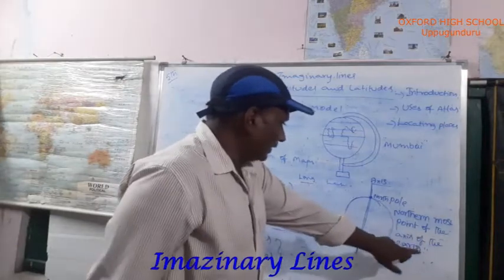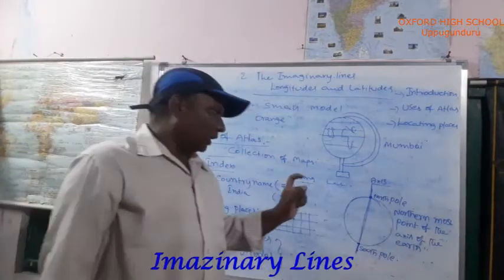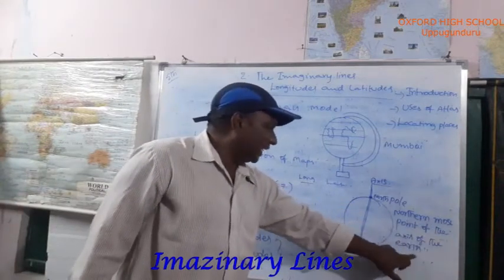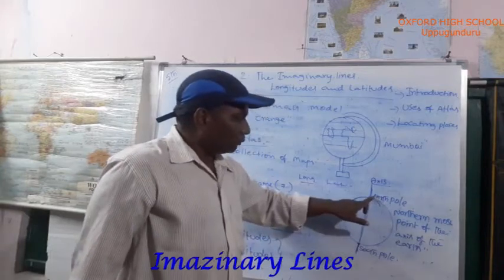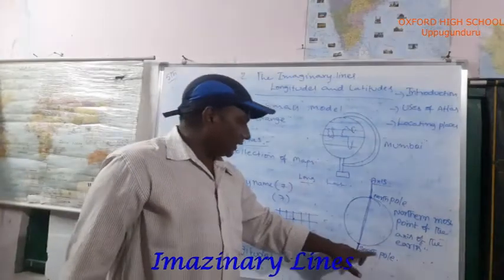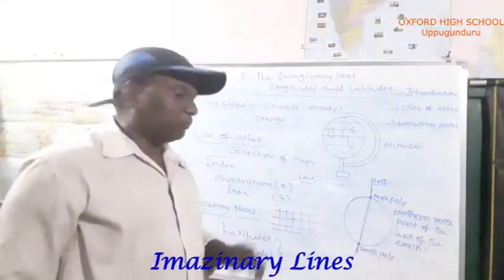The southernmost point of the axis of the earth is called South Pole.